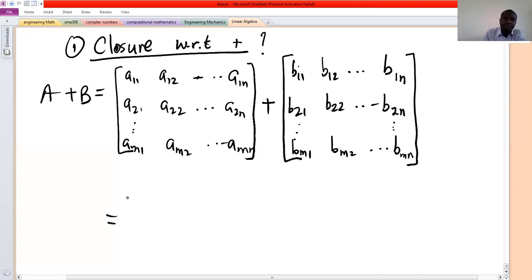This sum will be, remember when we're adding matrices, we add corresponding elements.